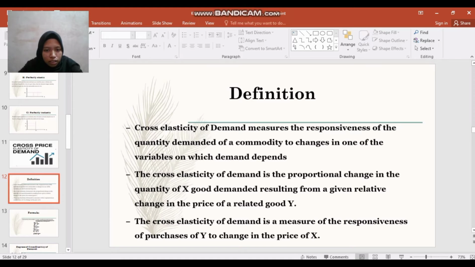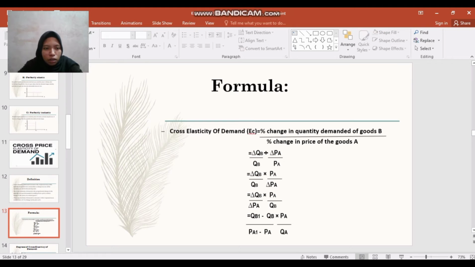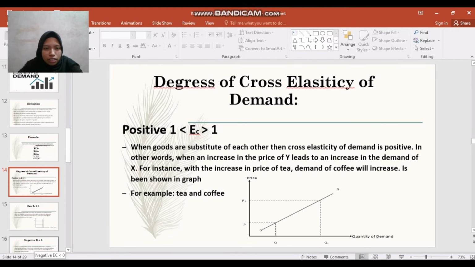The cross elasticity of demand is the proportional change in the quantity of a good demanded resulting from a given related change in the price of a related good Y. The cross elasticity of demand is a measure of the responsiveness of purchases of Y to change in price of X. This is the formula we give in the topic, and the second is the decrease of cross elasticity of demand.